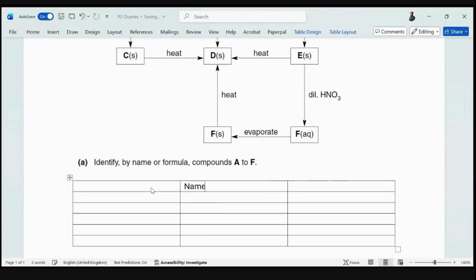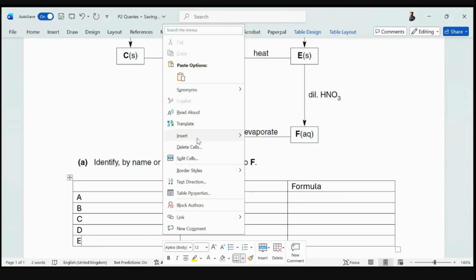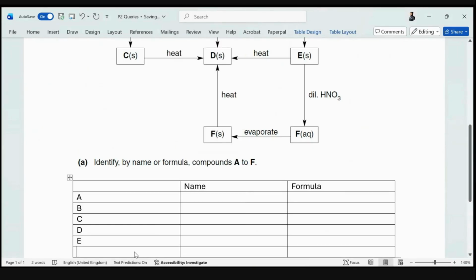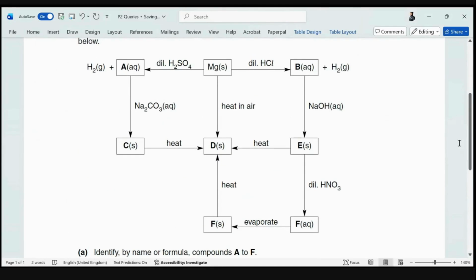So this will be name and formula, A, B, C, D, E, and F. So now what is A?